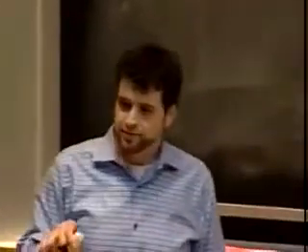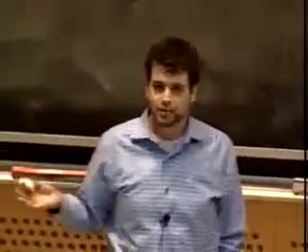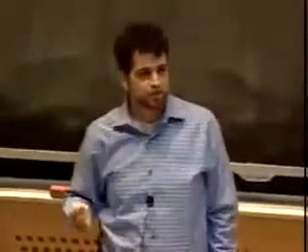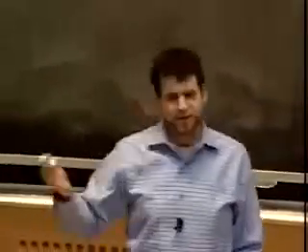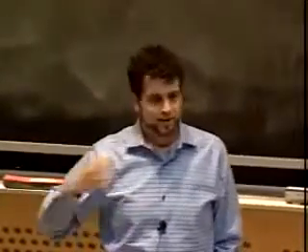But the problem with this approach is that we had to have two separate machines, right? The way we presented this was that the client was running on one computer and the server was running on another computer. And if you think about it, this isn't exactly what we want, because suppose we want to build a big complicated computer system that's composed of multiple different modules. If we have to run each one of those modules on a separate computer, that's not very ideal.